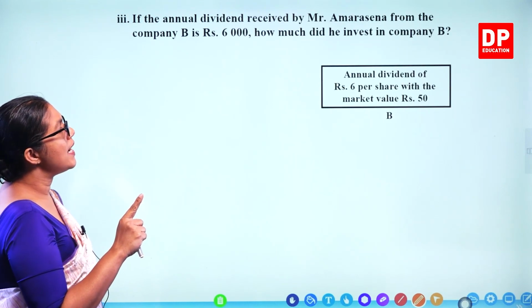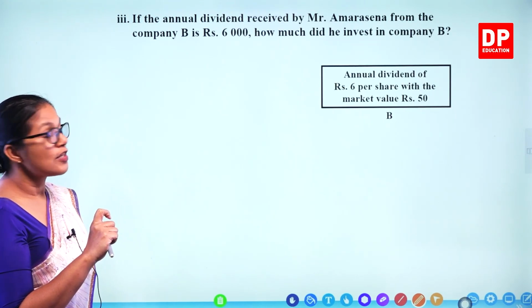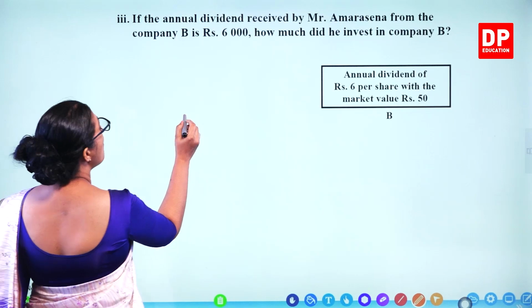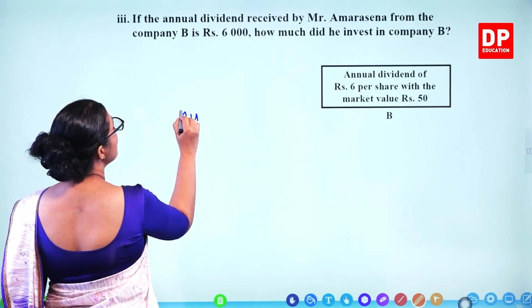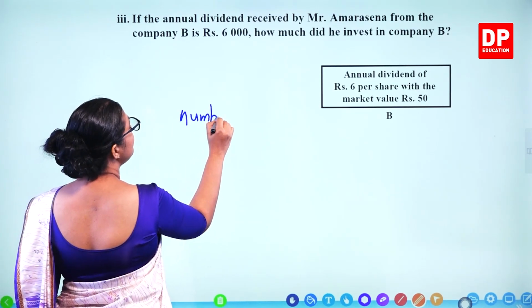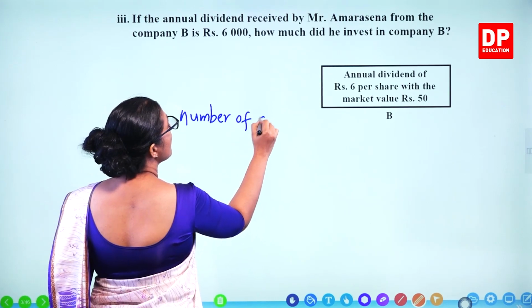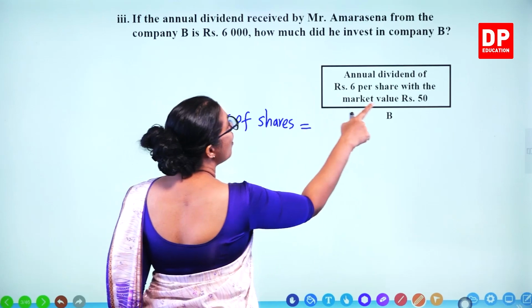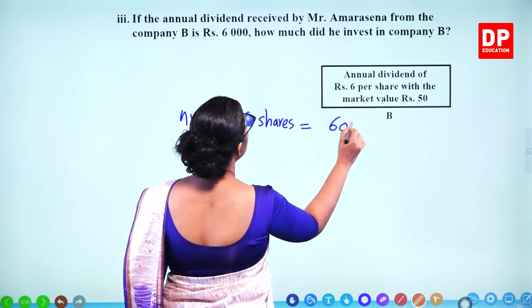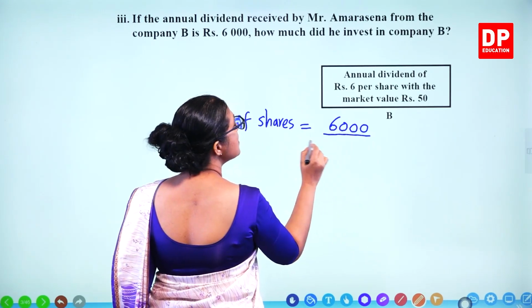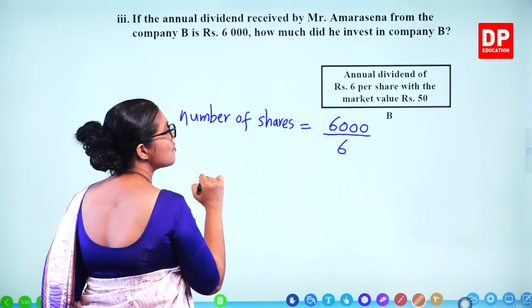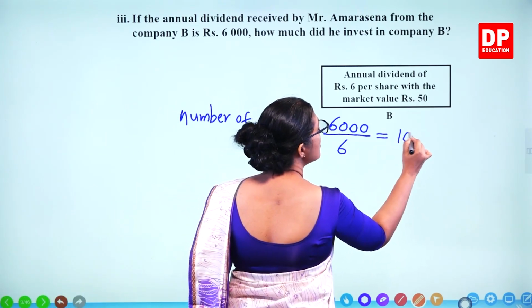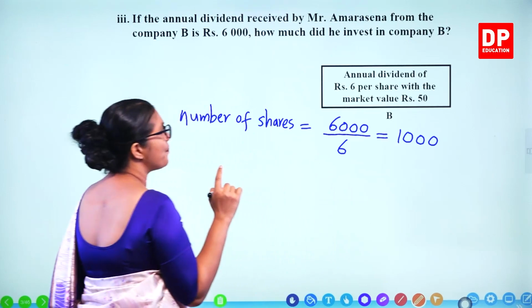So how many shares are there? Number of shares you can find easily. Number of shares is equal to 6,000 he got as the dividend, and each one with 6 rupees. So 1,000 shares are there.